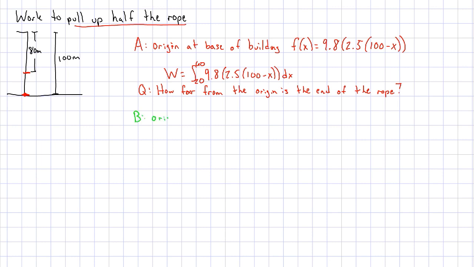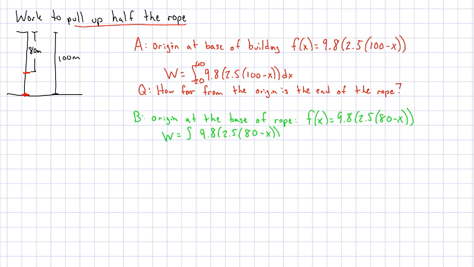Scenario B, the origin was at the base of the rope. The force function was 9.8 times 2.5 times (80 minus x). That function is not going to change. The work, again, is going to be the integral, and I need to decide on my limits of integration.